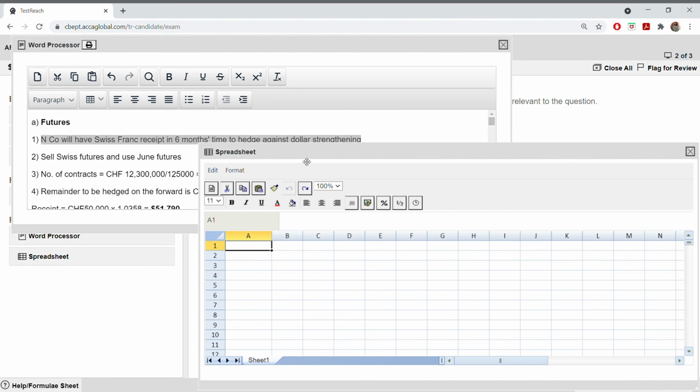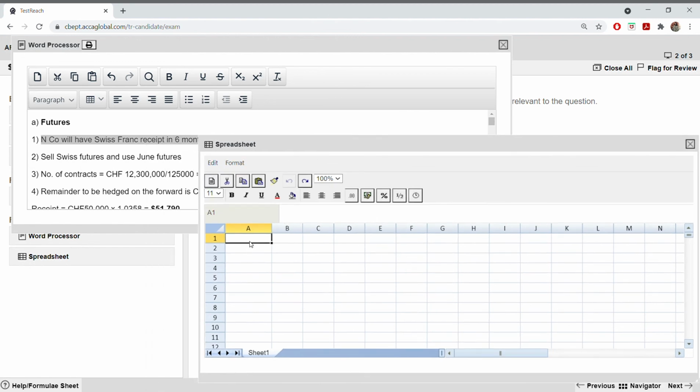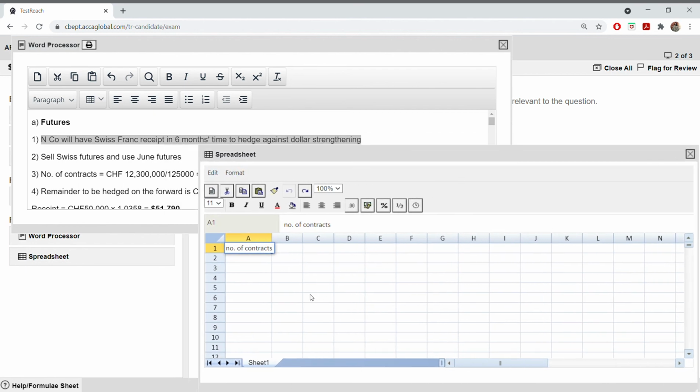So you see you cannot copy paste, but at least the calculation part, number of contracts. If I'm writing here, okay, what is it? 1 2 3. Wait a minute.